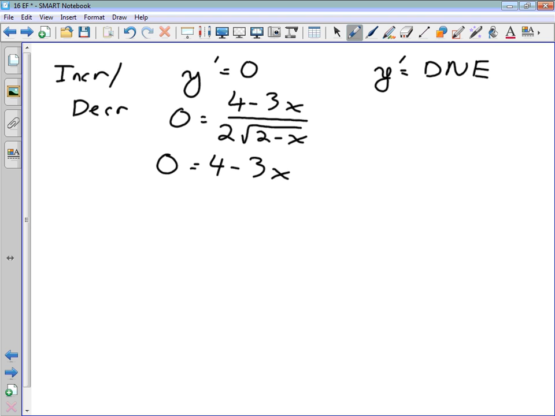This is pretty easy to solve. We get x equals 4/3 for one of our critical points. Where does y prime not exist? Luca. Yeah.